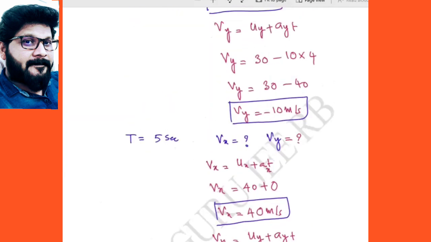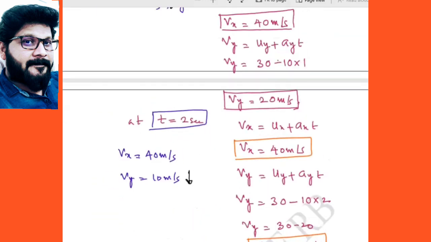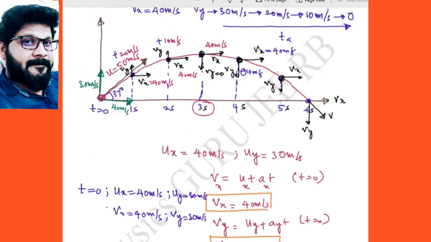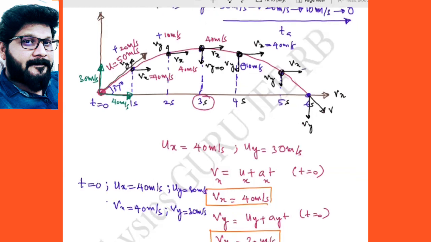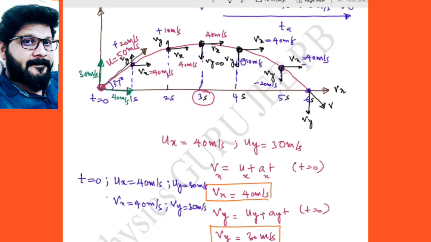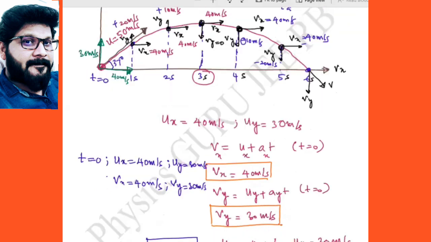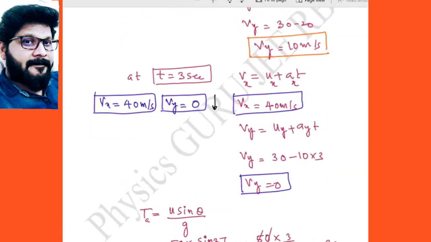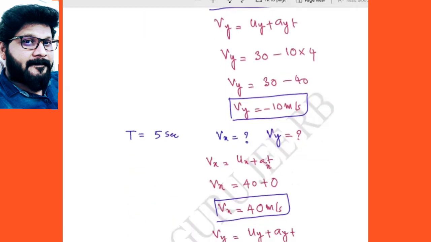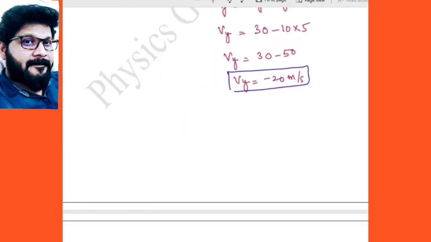There is no change. If you see this diagram, here the horizontal velocity is 40 meter per second, no change. The vertical velocity is minus 20 meter per second, which is in the downward direction, right? So slowly it is increasing in the reverse direction. Now can you tell me at t equal to 6 seconds, what is Vx?